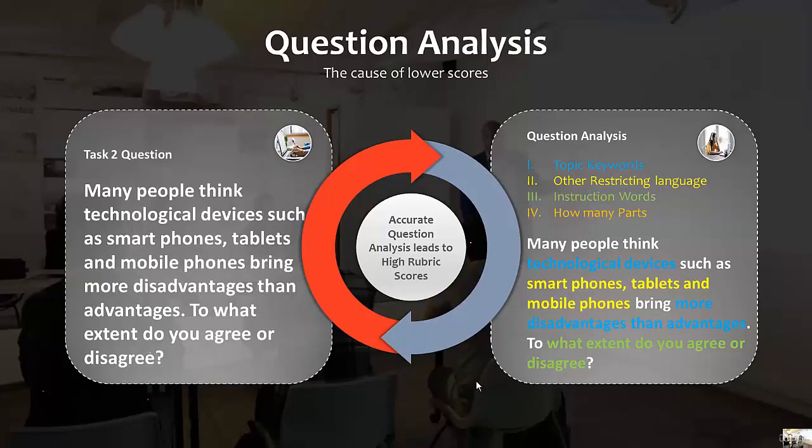Now, if you don't write within the boundaries of the restriction, then you are messing up your task achievement score. Yeah, it's a restriction of what you talk about, right? You must stay within the restriction. Most of the time, students are not getting the score they want because they are not doing a proper question analysis.